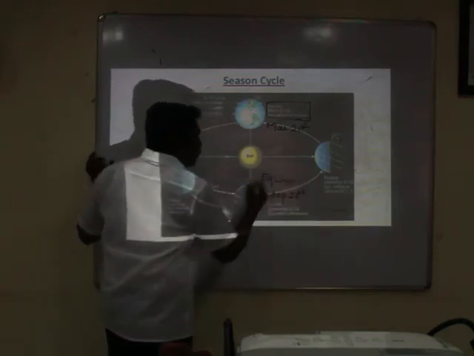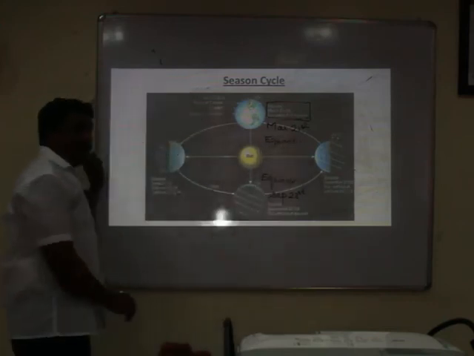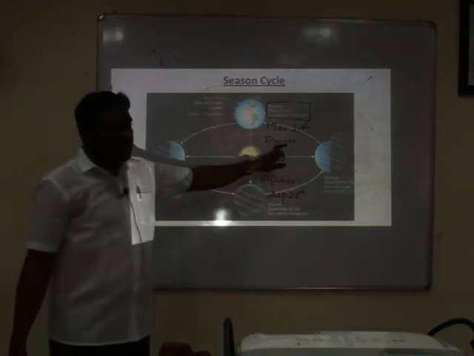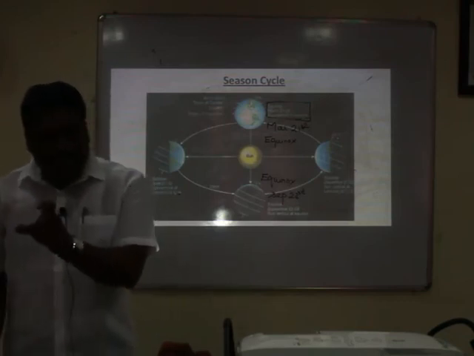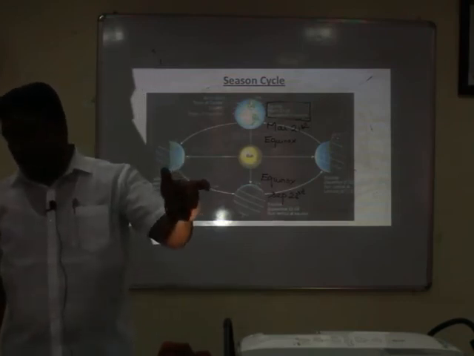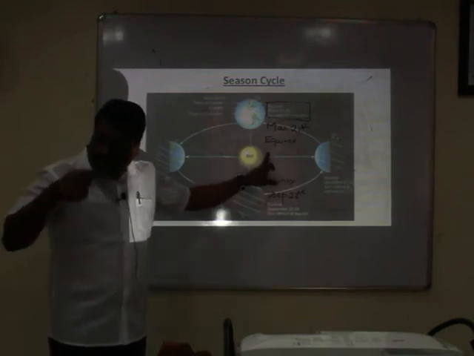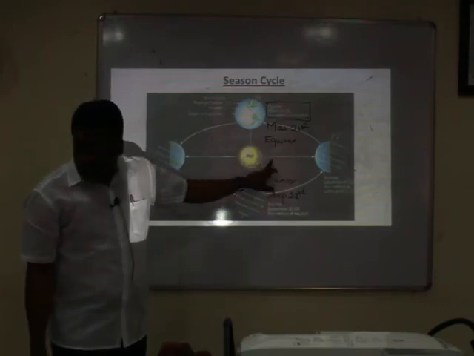Equinox. I'll tell you what the equinox is. Right. Nox means night, normal. Equinox means equal length of day and night. This is the day when the entire earth will experience 12 hours of day and 12 hours of night.